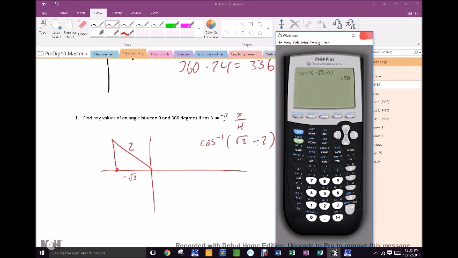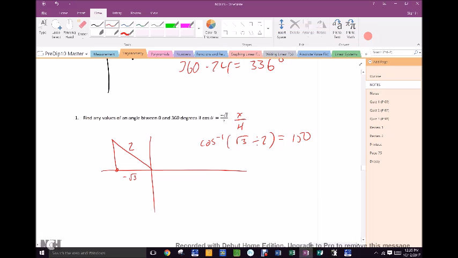I got one. Now, hold up. Why is that one saying 150? Where's the 150? It's the first and the second. It's right there. Okay.